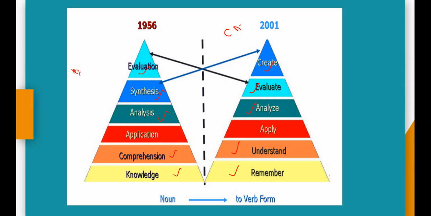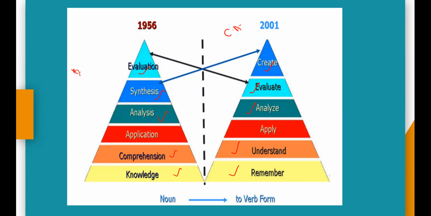The original taxonomy gave emphasis to synthesis and evaluation, but here evaluation came to the bottom and creation has come to the top of the pyramid. So the major difference lies in greater usefulness and a more comprehensive ability to use the information in this new version of the taxonomy.